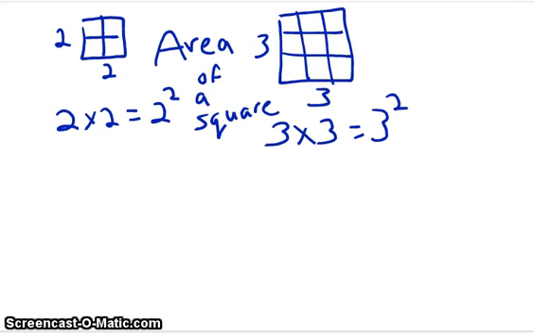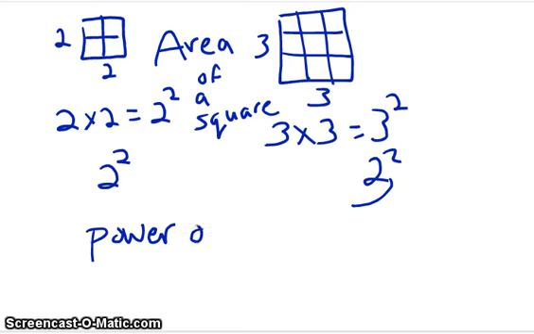So I could read this number 2 to the power of 2, 2 to the second power, or I could say 2 squared. This number could be read 3 squared. So the power of 2 is the same thing as saying squared.